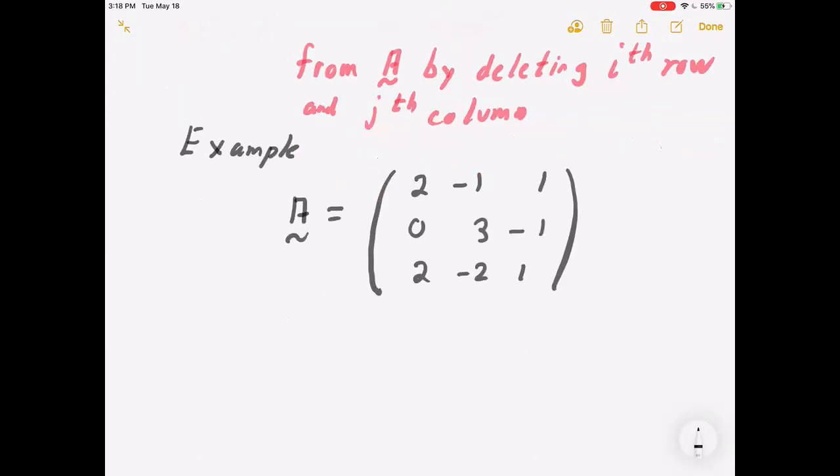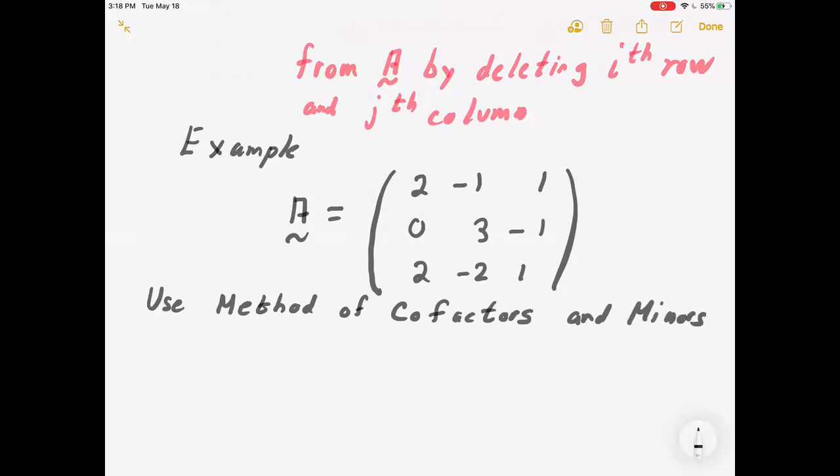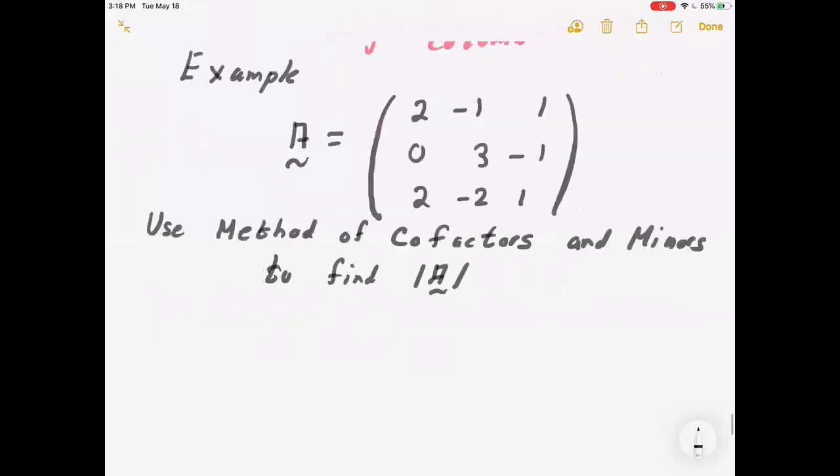Okay, so let's use the method of cofactors and minors to find the determinant of A without going through the brute force method.